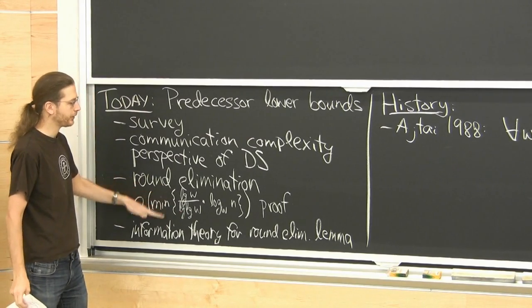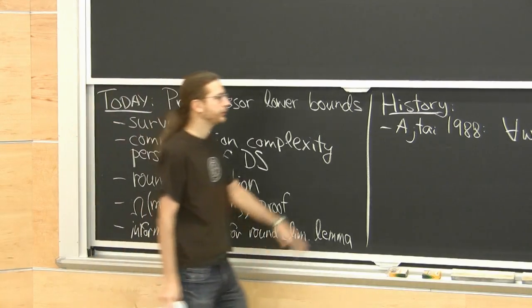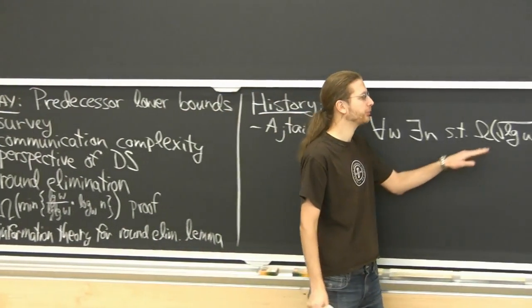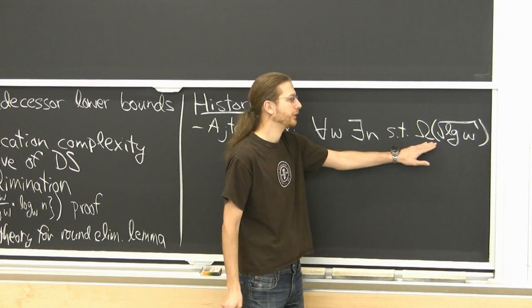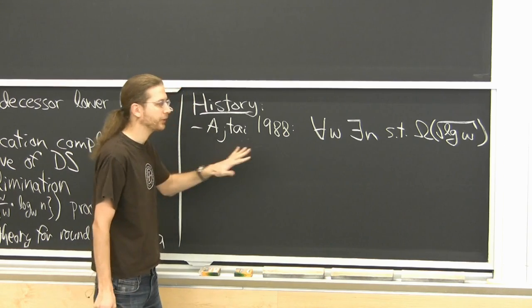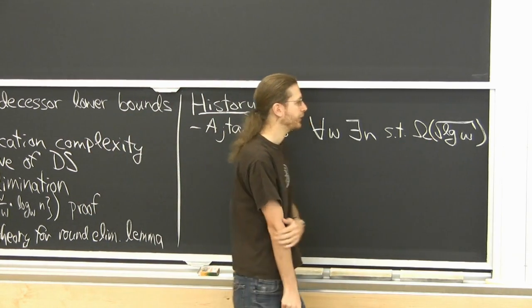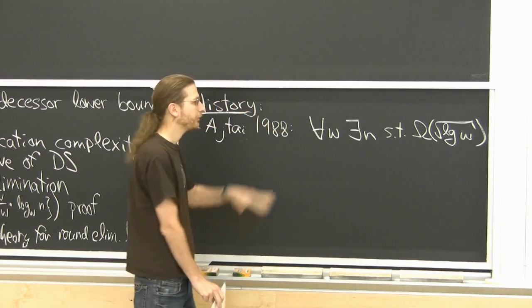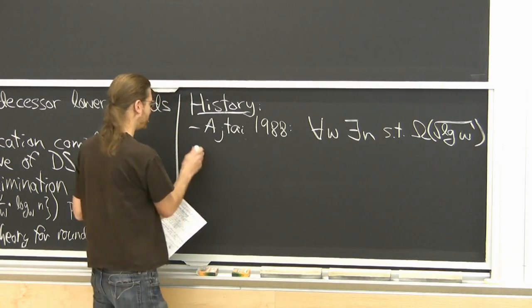Now, this is a bound that works for all values of n and w, which is more interesting. Here we're saying that if you just want a bound in terms of w, you need at least square root log w. Actually, the original paper claimed log w, but that's not true in general. But the proof actually establishes square root log w. And this proof is complicated. It was the first one that got the field started. There's been many papers since then.